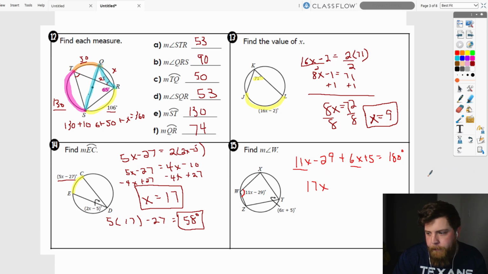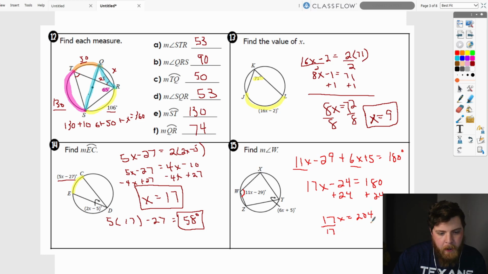Negative 29 plus 5 equals negative 24. Equals 180. Plus 24, plus 24. 17x equals 204. And everybody knows 204 divided by 17 is 12. Okay, so once we find x is 12, then they're looking for a measure of angle W. So then we just have to plug that in. 11 times 12 minus 29, which ends up giving me 103.